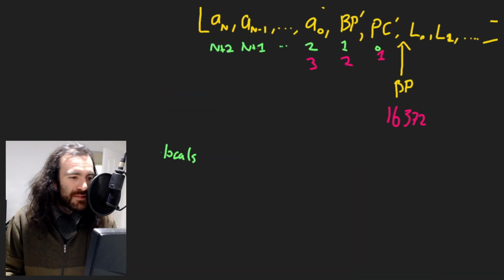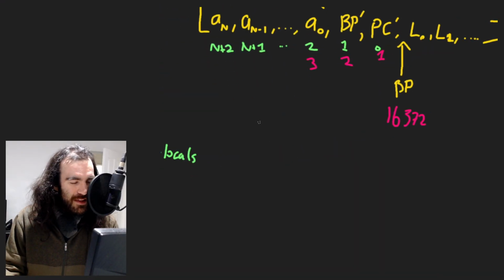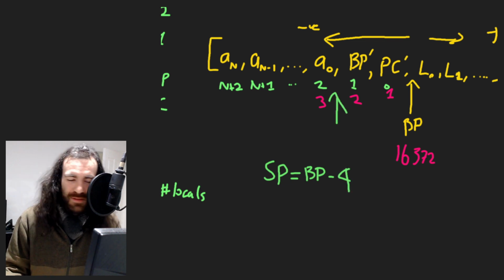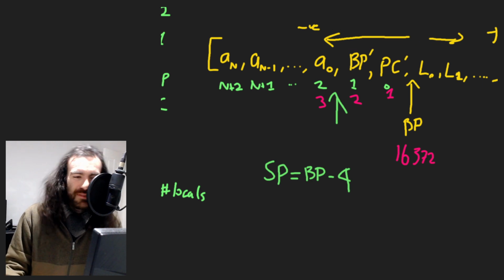One of the things we do is we say stack pointer is base pointer minus 4, I think, and that sets the new stack pointer to be back here, where it was before we started pushing all of this frame nonsense onto the stack.